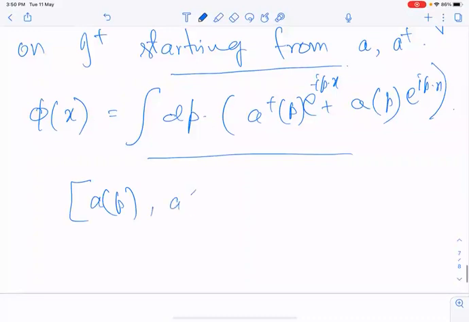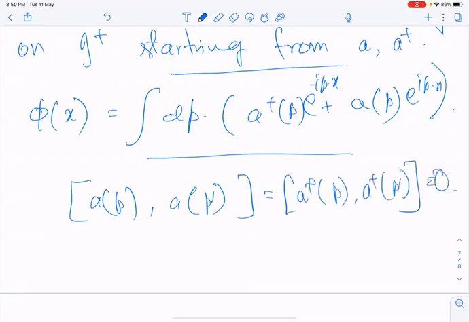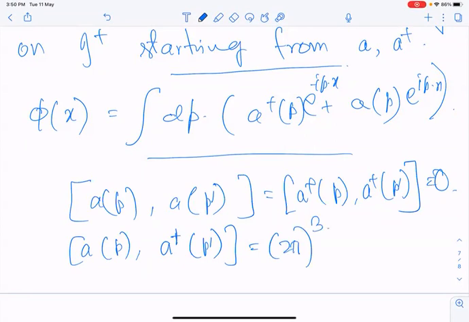So AP prime, like these commutators, zero, similarly AP. Also, will there be an interpretation like earlier that the S matrix is mapped to a correlation function in this way as well?